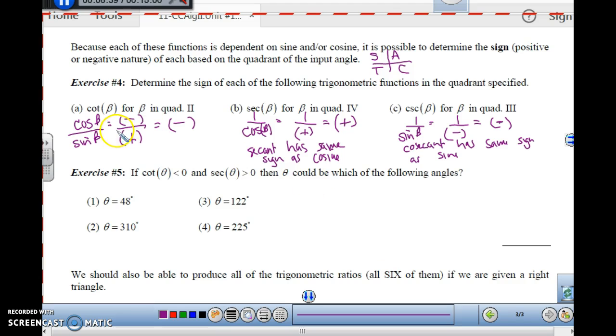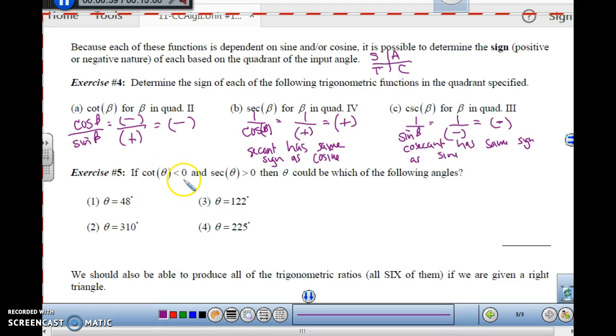Tangent is positive in the first and third quadrant, and negative in the second and fourth. So cotangent will also be. So the reciprocal functions are positive and negative in the same places as the original sine, cosine, and tangent functions.